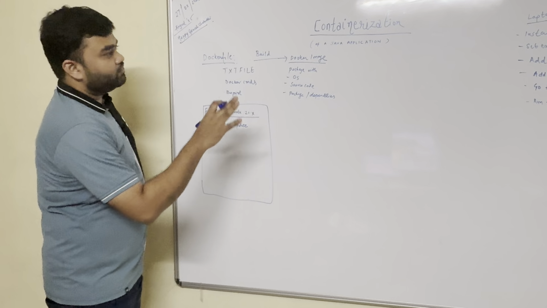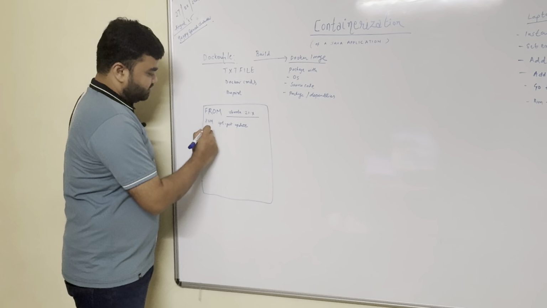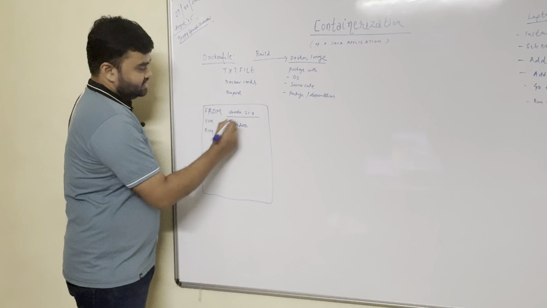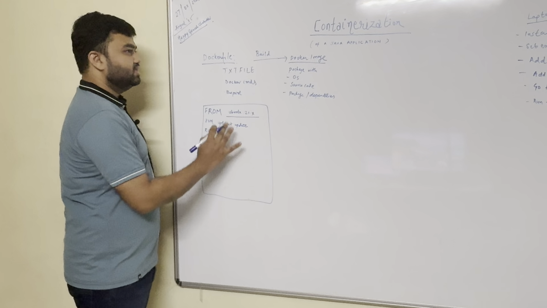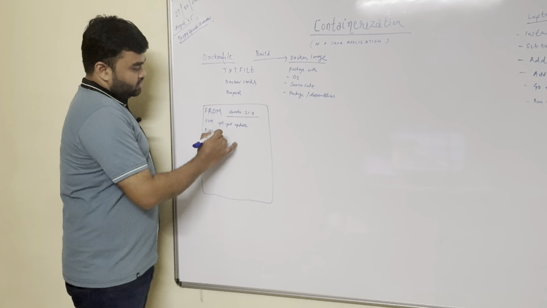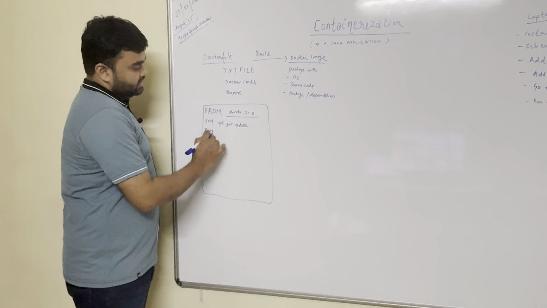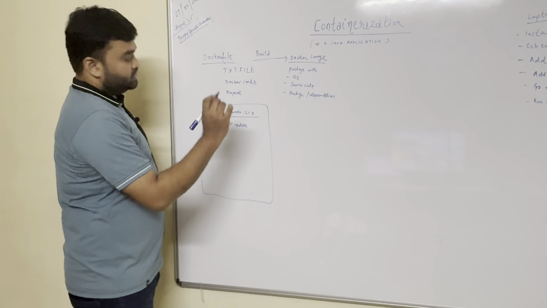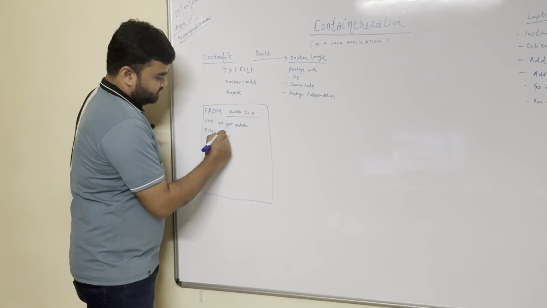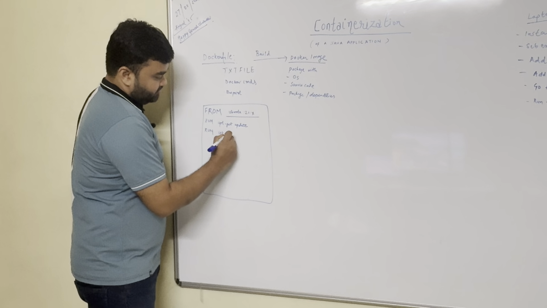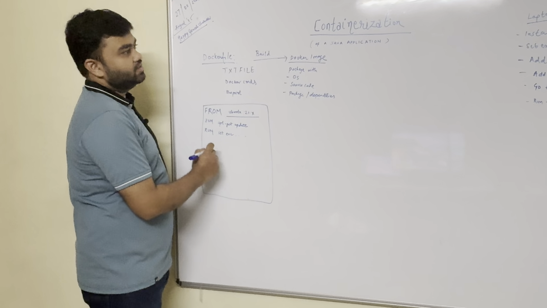Then we have to set environment variables. Since this is a Linux based OS, we can use all the Linux based commands, so RUN, set environment variables, so set env, those things we have to write.